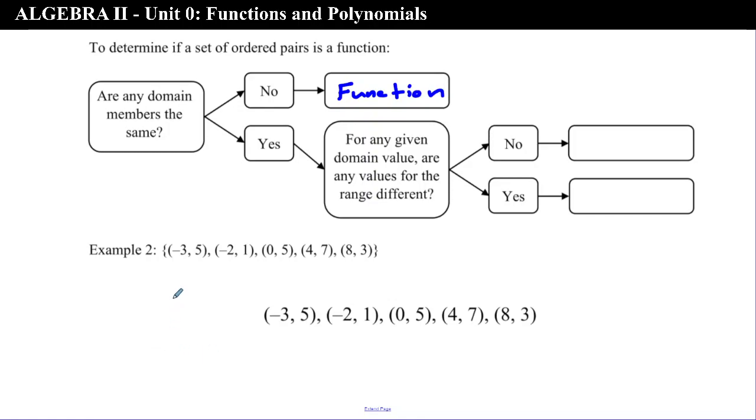All right, well, say you look at 2 or more members of your domain or your x values, and you have 2 or more that are the same. Well, then we have to ask our next question. We've got to look at the range values that go with those domain values that are the same. Are any values for the range different? If they are not different, then we have a function.